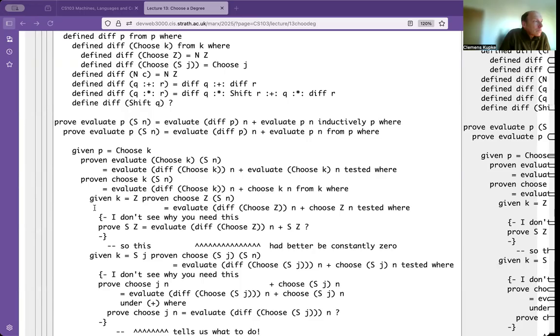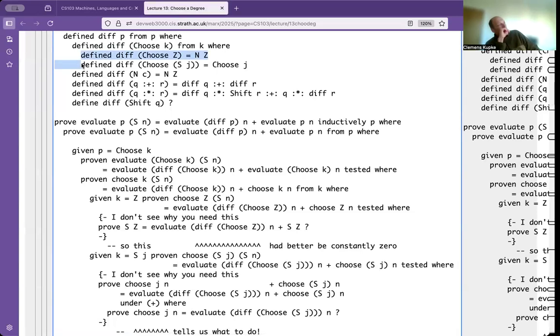And in the 0 case, we discovered that diff of choose 0 had better be whatever it is you add to 1 to get 1. And that wasn't terribly tricky to work out. That means that it's constant 0. That's this line.